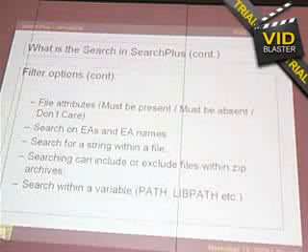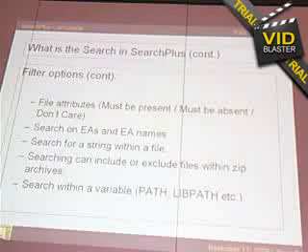You can also search within a variable. Now, often what happens is you have, for example, I don't know if you know it, libc06.dll. And sometimes there are two different versions on your system.